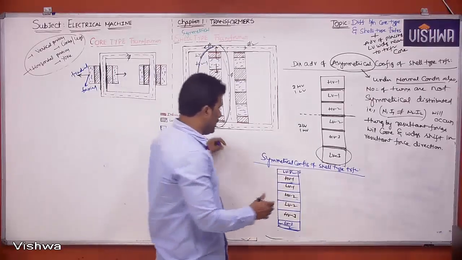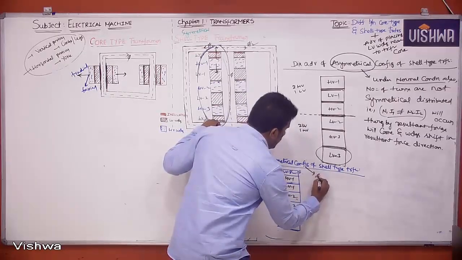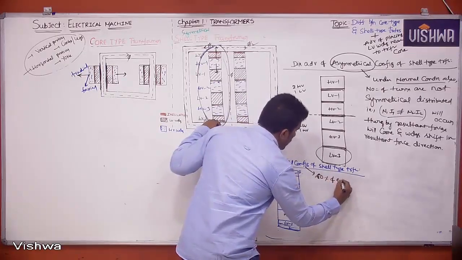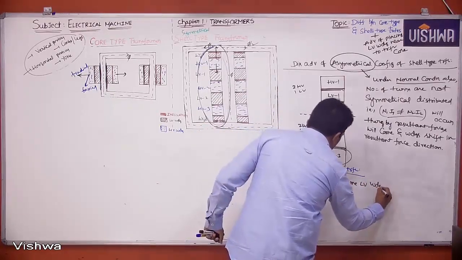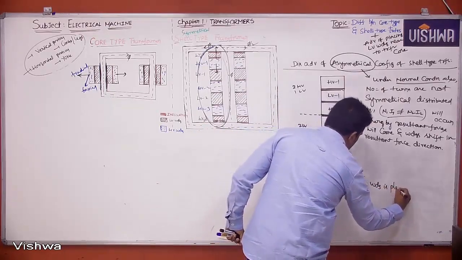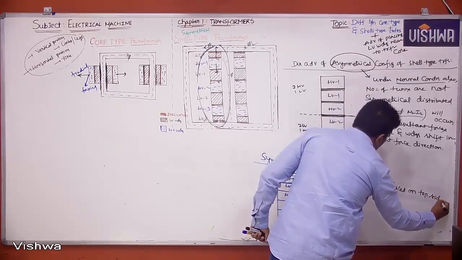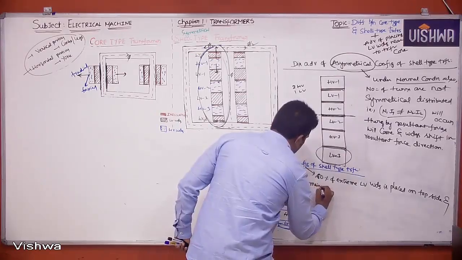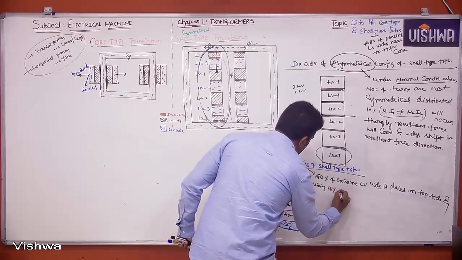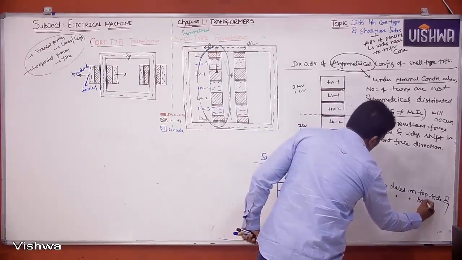I can write it clearly: in symmetric configuration, 50% of extreme low voltage winding is placed on top side, and the remaining 50% of extreme low voltage winding is placed on bottom side.